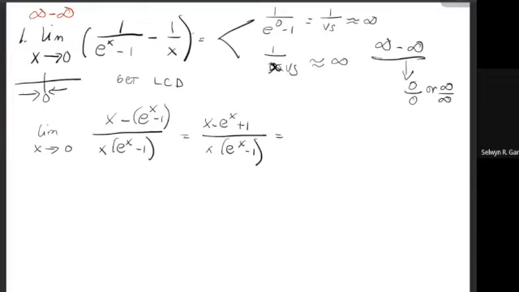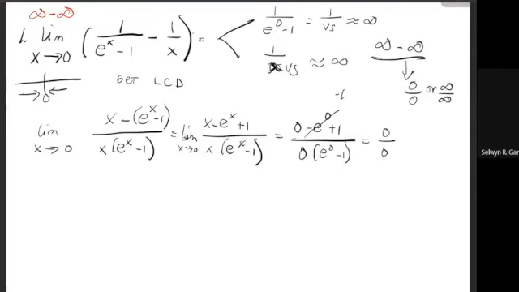If we substitute the value of x, this will be 0 minus e to the 0 plus 1 divided by 0. Definitely, the denominator is 0. So this should be 1, negative 1. So this is of the form 0 over 0.